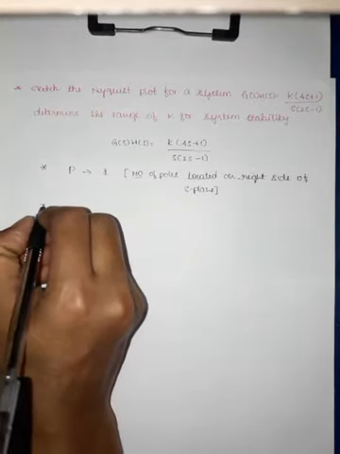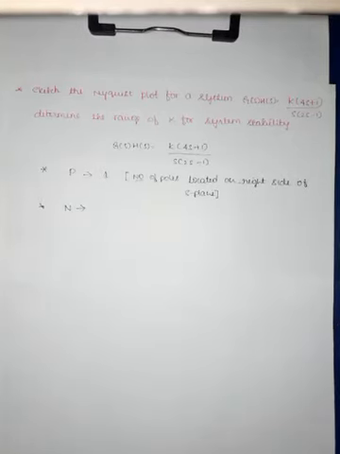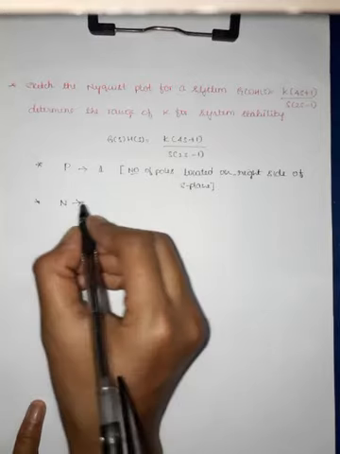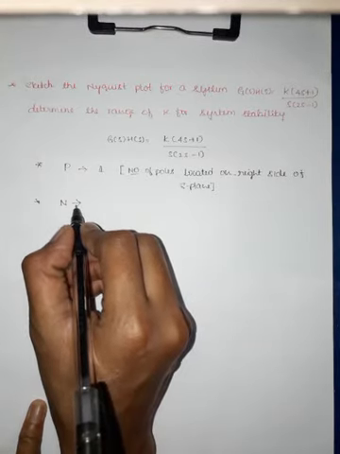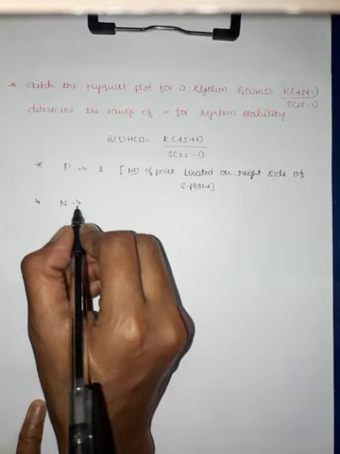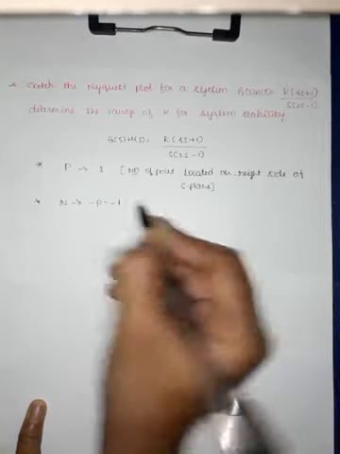Next we need to identify how many times the Nyquist plot is going to encircle the critical point. N is the encirclement by the Nyquist plot with respect to the critical point. N is equal to minus P, which is equal to minus 1.